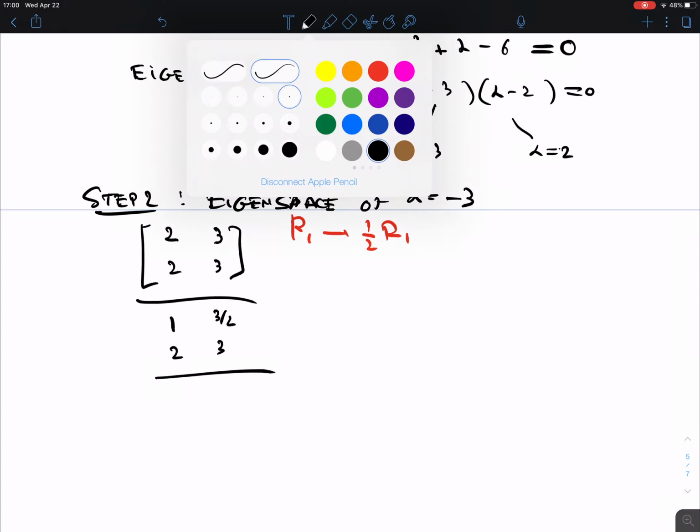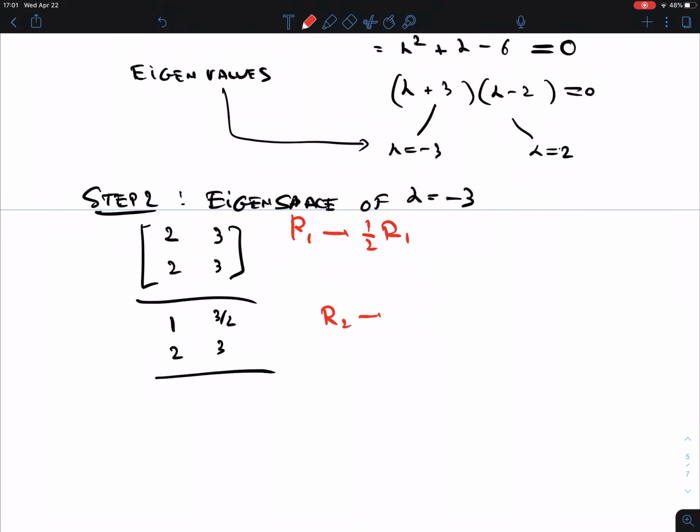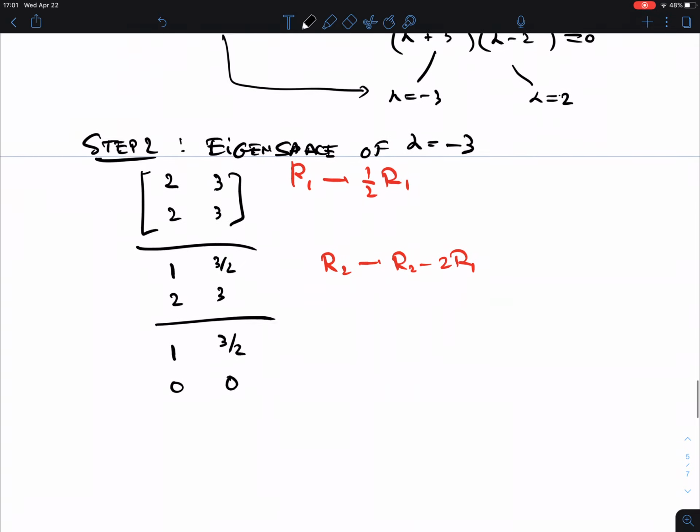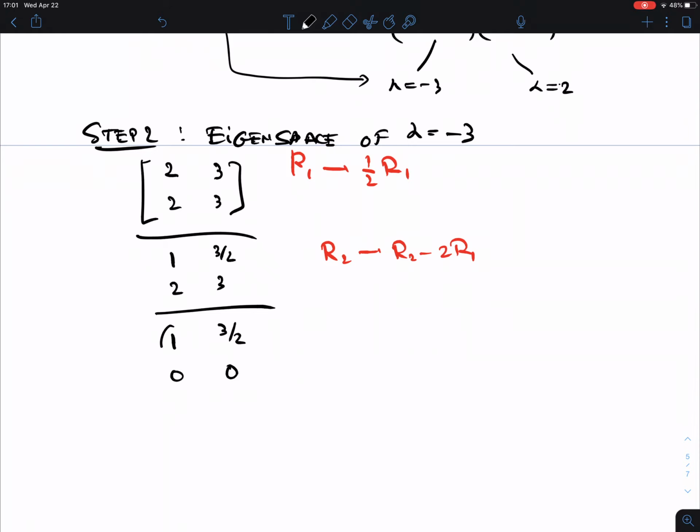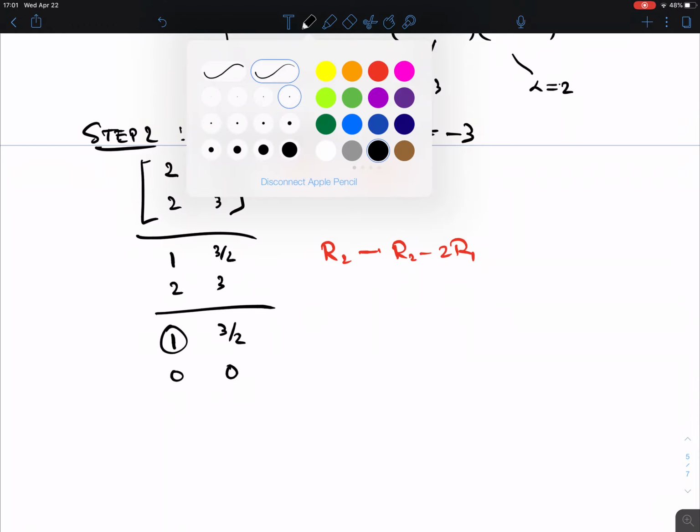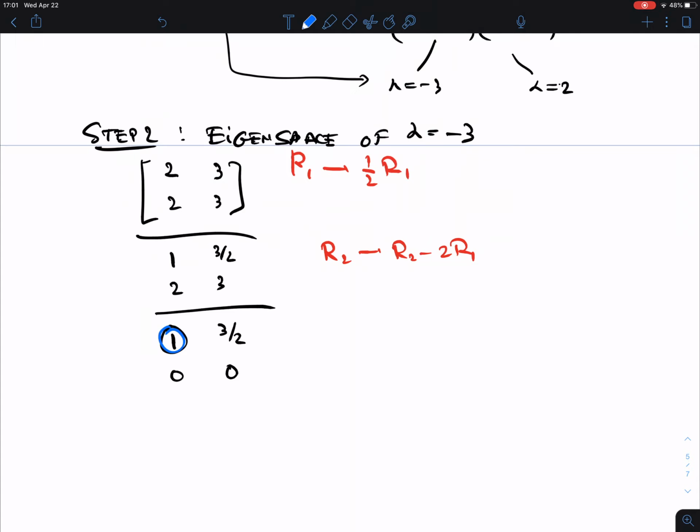Now I can get my row operation, row 2 minus 2 times row 1. 1, 3 halves, that is a 0, and then minus 2, that's a 0 there. Okay, and that's the pivot form, right? Because this is now our pivot, and this will be our free variable. So x2 is the free variable. That's what I meant to say.